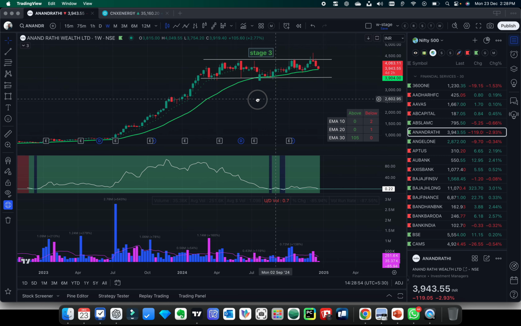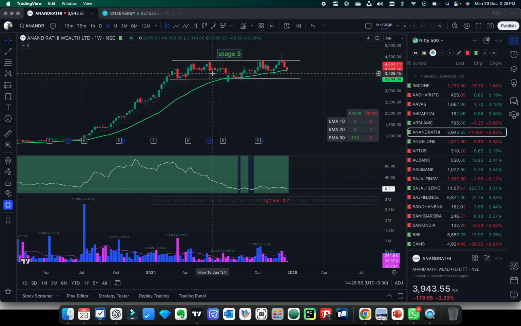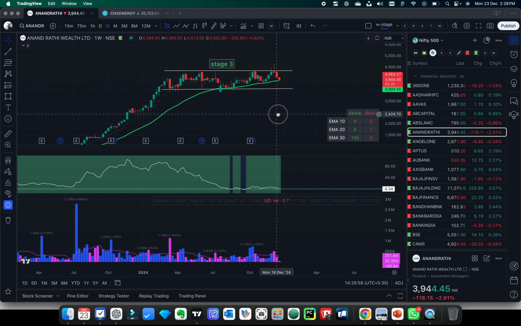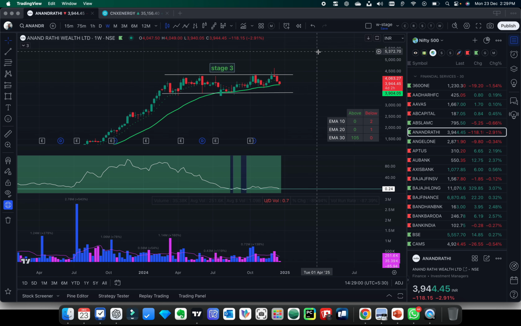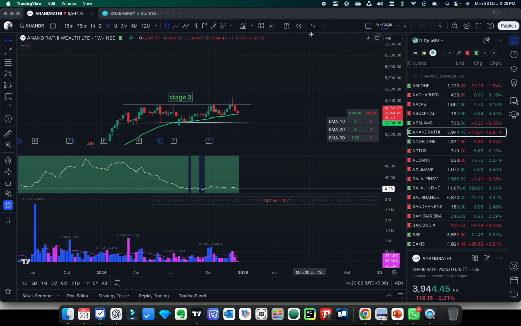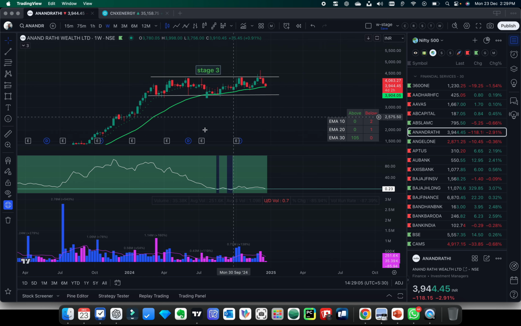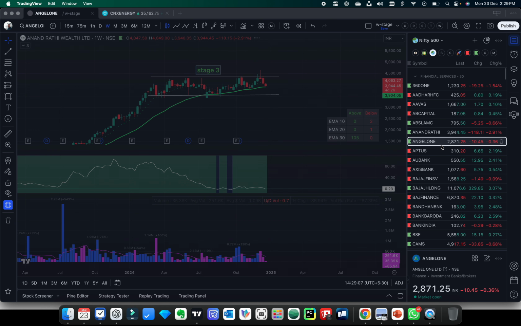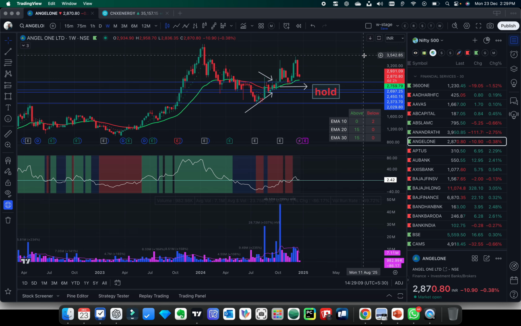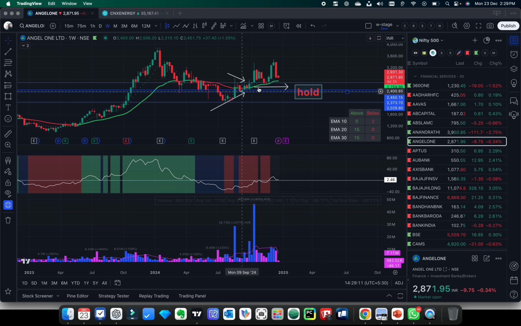Anand Rathi, stage 3, topping. So this might be either stage 3 or this will become a basing. If it breaks out and goes up, it is still outperforming the market. Angel 1, uptrend.